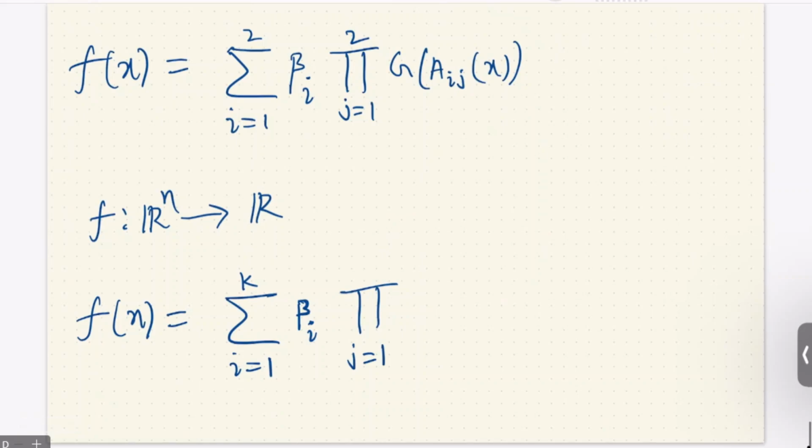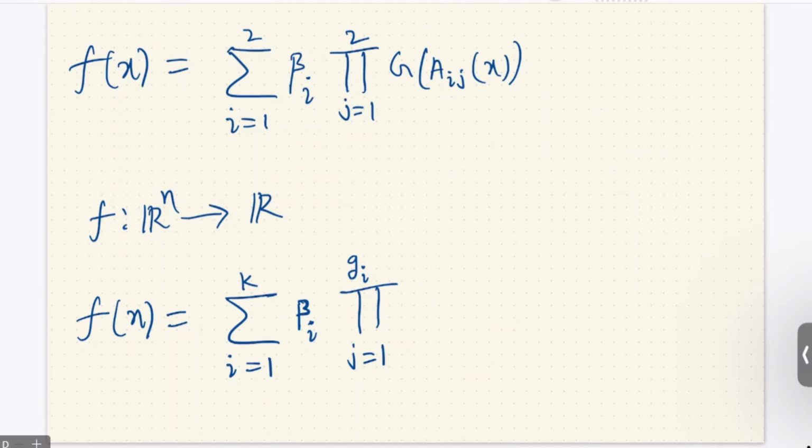The upper limit depends upon the group, so j equal to 1 to g_i, the group g_i.